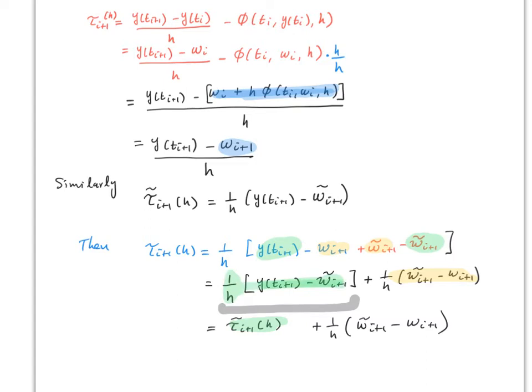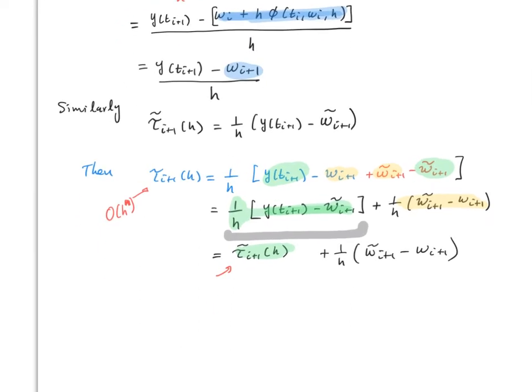Now, one thing that is very, very important to remember is that, as you recall from a few minutes ago, this is order h to the n. Well, this one is order h to the n plus 1.